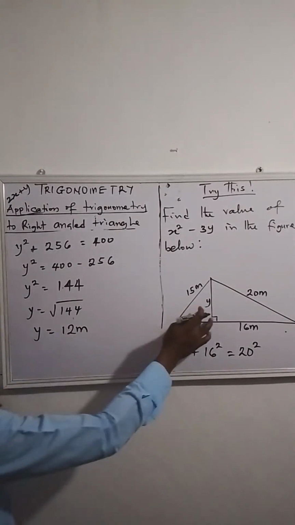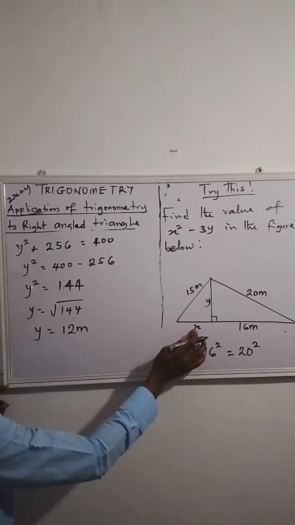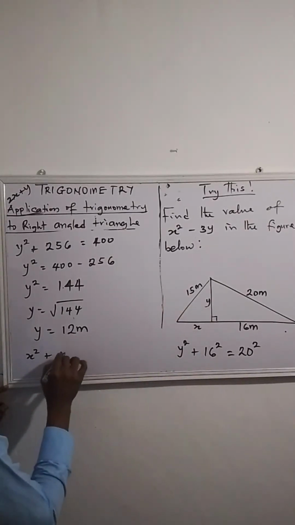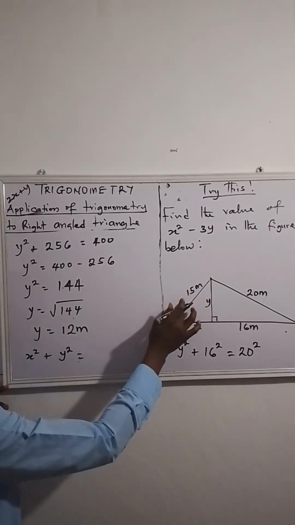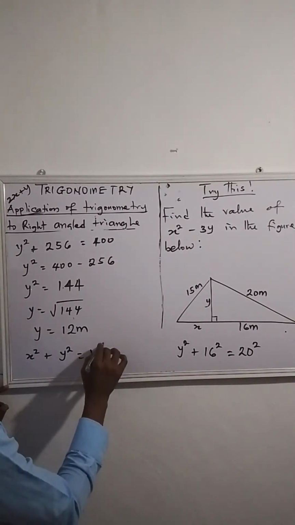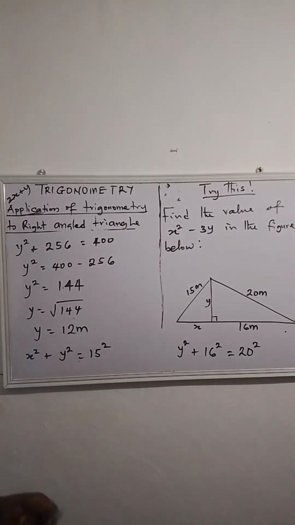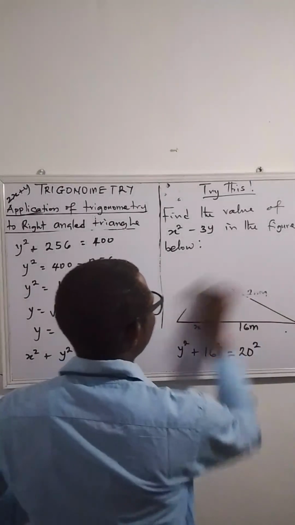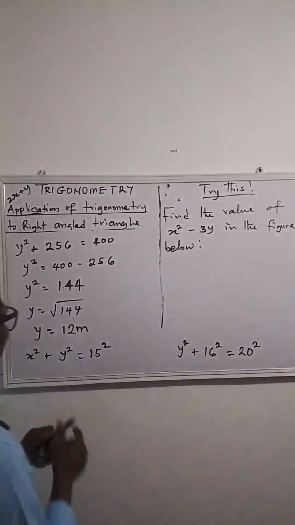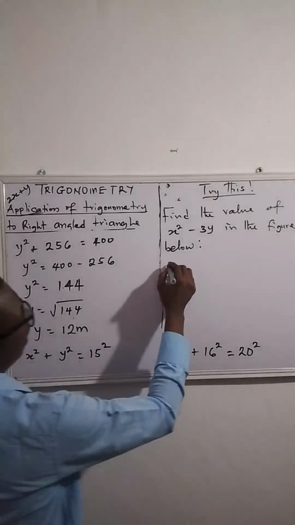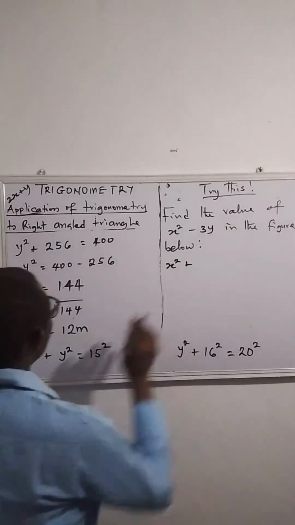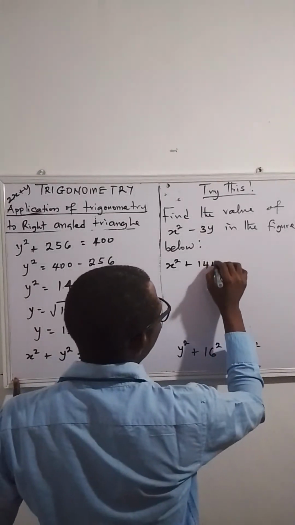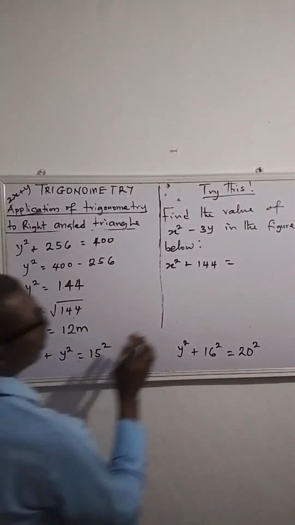All right, so here we have x squared plus y squared equals the hypotenuse squared, that is 15 squared. From here you have x squared plus 144 equals 15 squared.